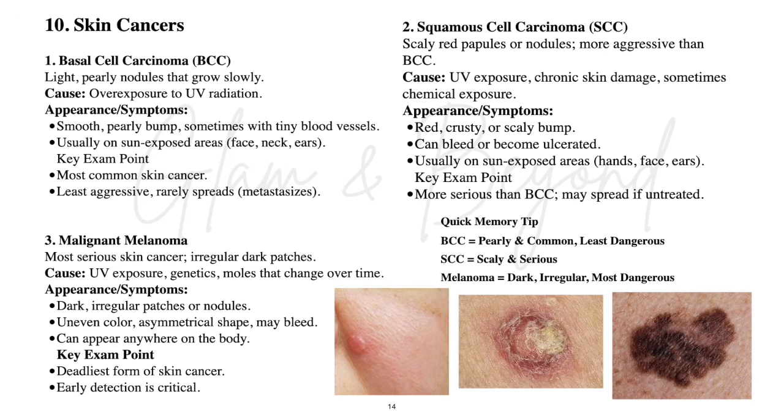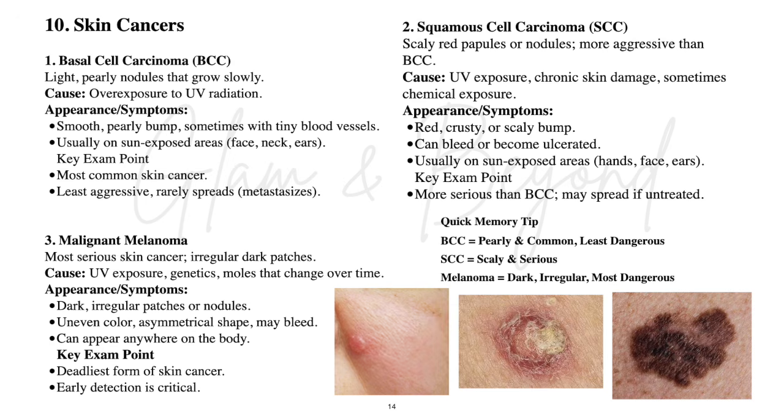Number 3, malignant melanoma, which is the most serious, the most severe type of skin cancer. It is characterized by irregular dark patches. Cause, UV exposure, genetics, moles that change over time, which is why it is important to get checkups every single year.